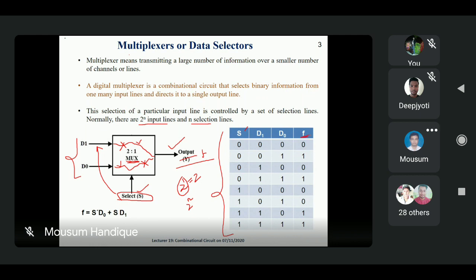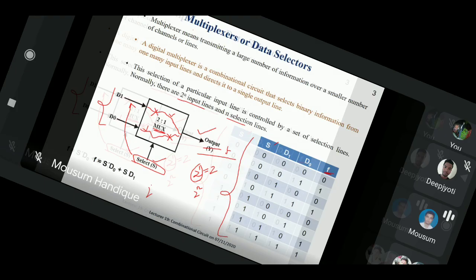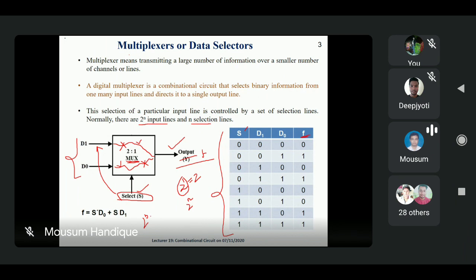Okay. So when we are writing 2 to the power 3, how many outputs are generated? How many binary sequences are generated? 8. It is 0 to 7. Okay, 0 to 7.